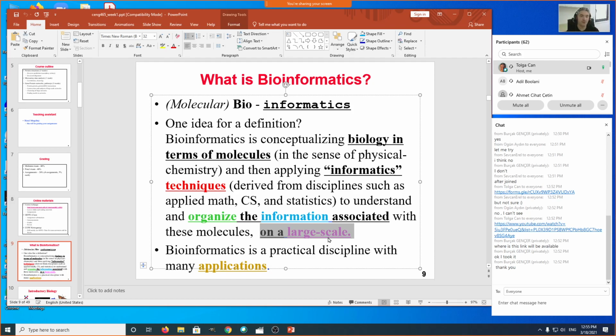Bioinformatics itself contains many subdisciplines, sub-areas. For example, as a computer science person, if you're working in natural language processing, there are problems like text mining that you can apply to bioinformatics. Or if you're working in algorithms, string processing, there are problems related to string processing algorithms in bioinformatics, large-scale strings.